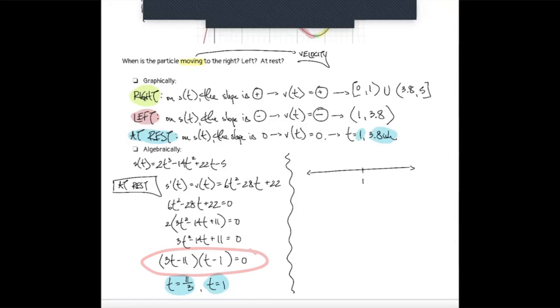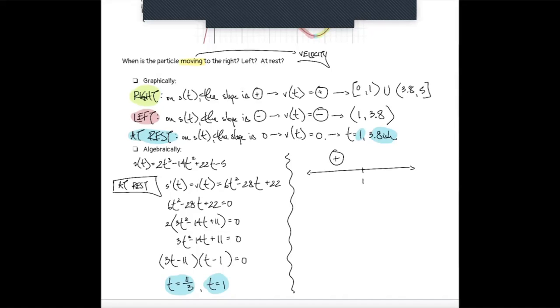I don't care about the number. This is going to be very familiar from when we were doing limits. I don't care about the number, I care about the sign. So if we plug 0 into here, we get negative 11 times negative 1, which does give us a positive.